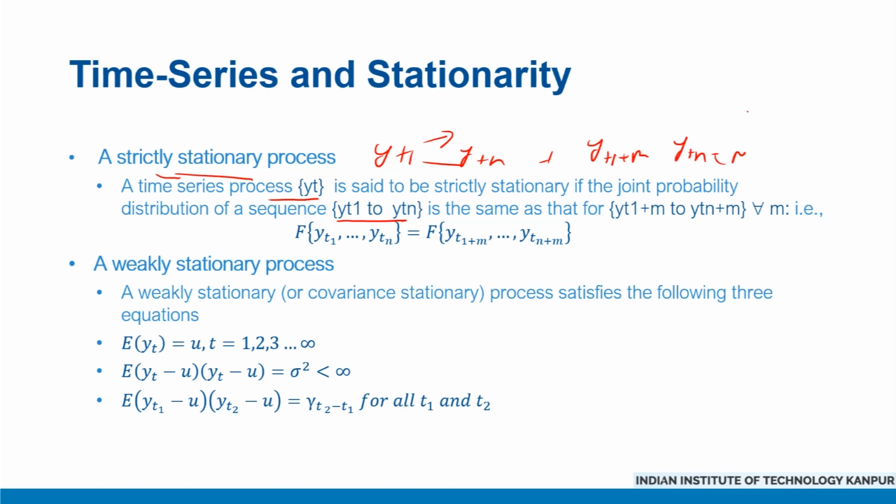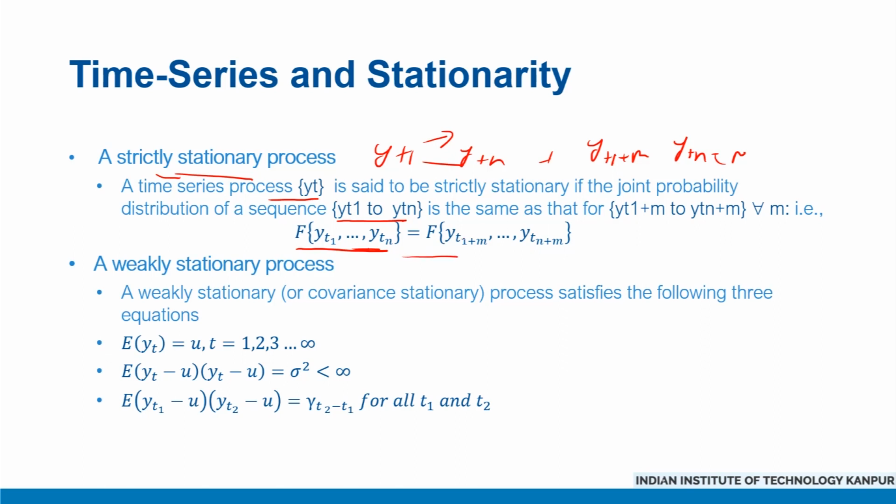And similarly, we can take any such sequence, and f, the notation for joint probability distribution, remains the same for yt1 to ytn, a sequence of n terms, and yt1 plus m to ytn plus m. Then this series is said to be strictly stationary.